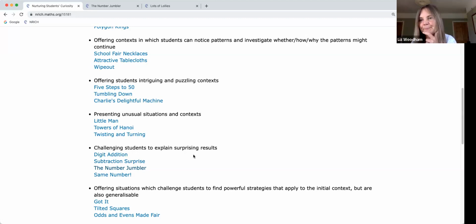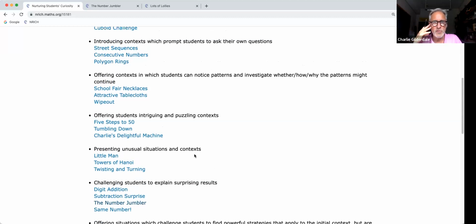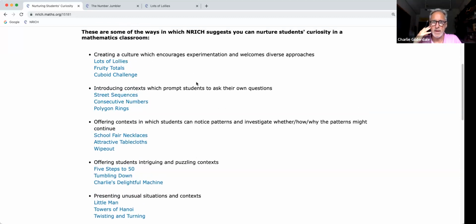Oh, you're on mute. Sorry. Yeah. Those tend to be the more obvious ways of tapping into students' curiosity. But we've got the 3 bullet points at the very top, which we think are equally important.